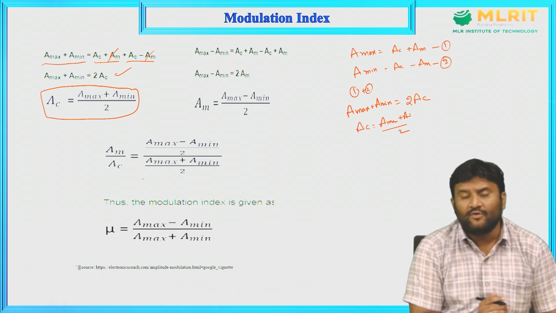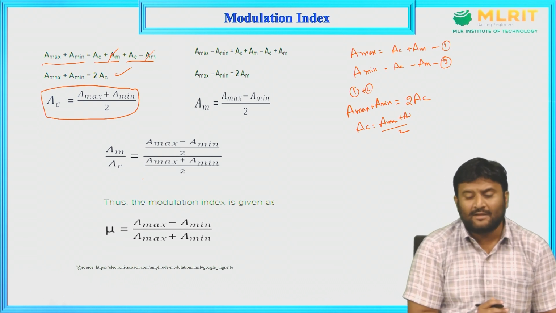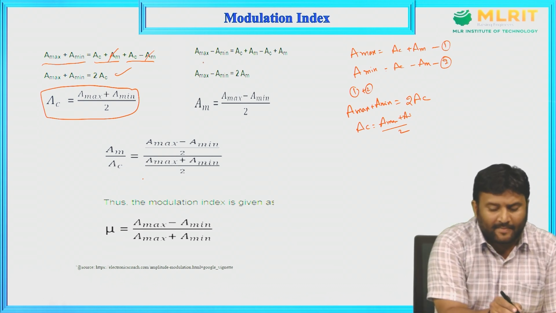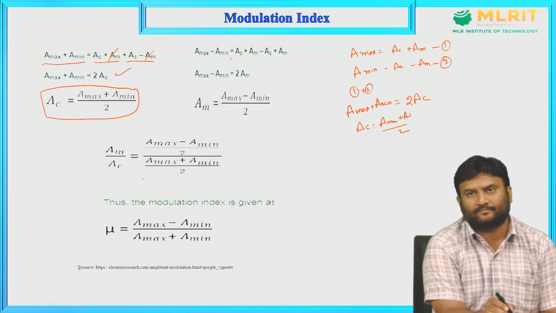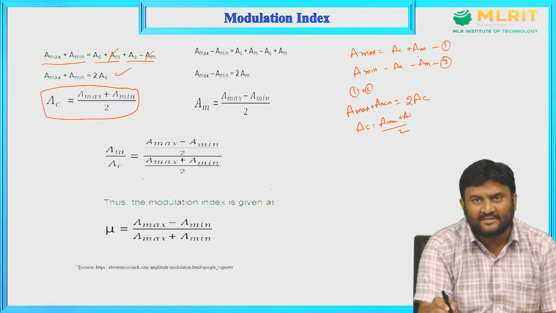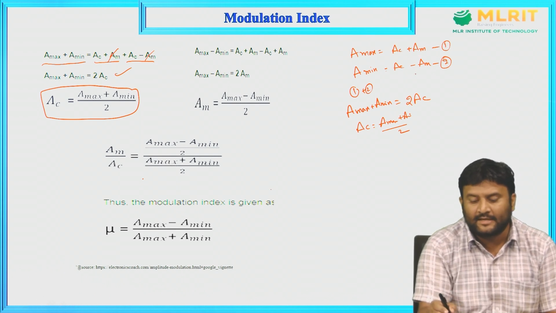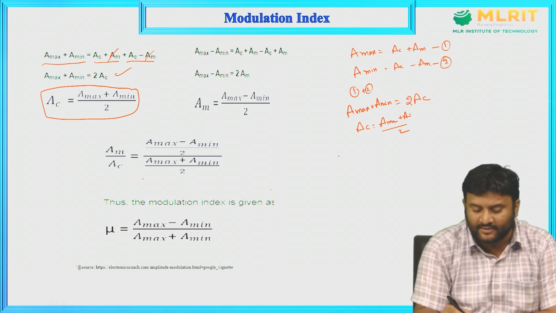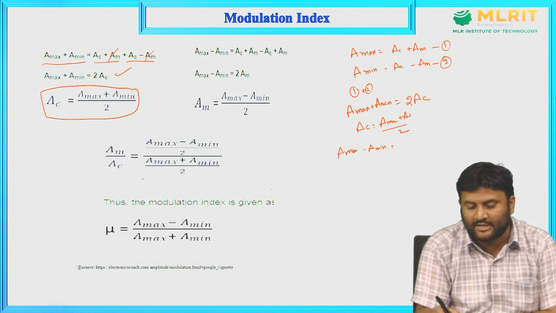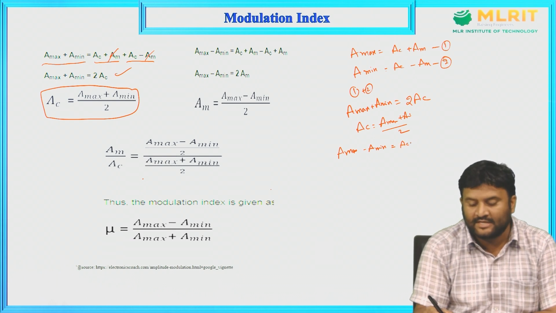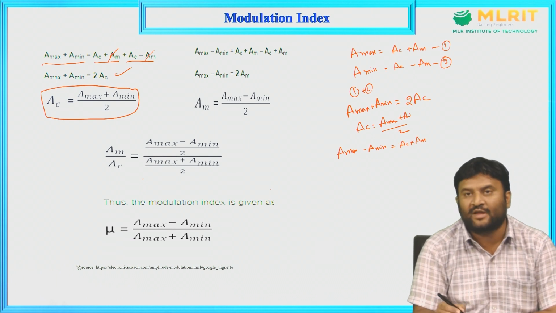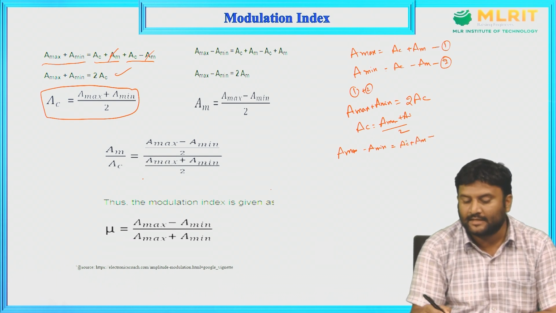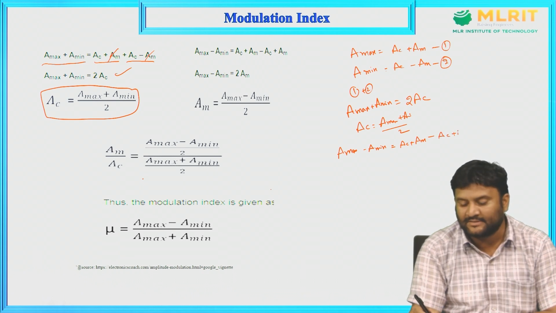Similarly, if you subtract 1 minus 2, nothing but A maximum minus A minimum, therefore AC plus AM minus AC minus into minus plus AM. Therefore, observe here, A maximum minus A minimum is equal to AC plus AM minus AC plus AM.